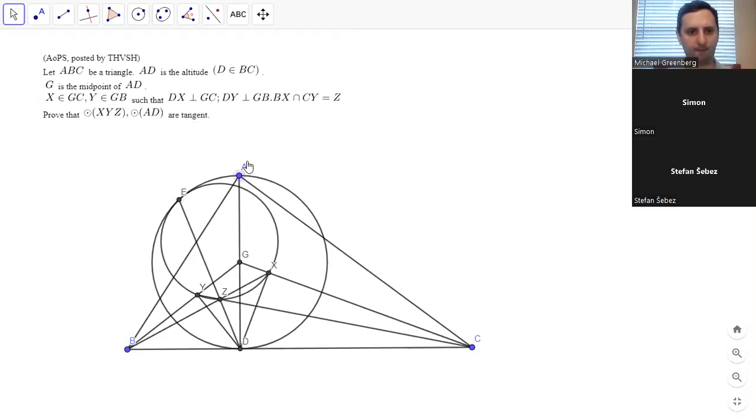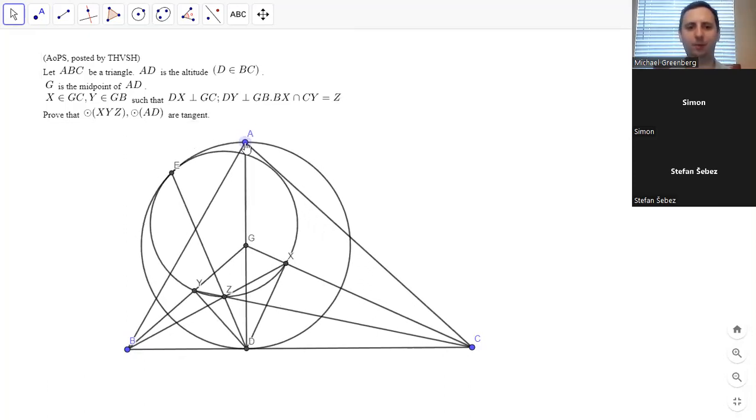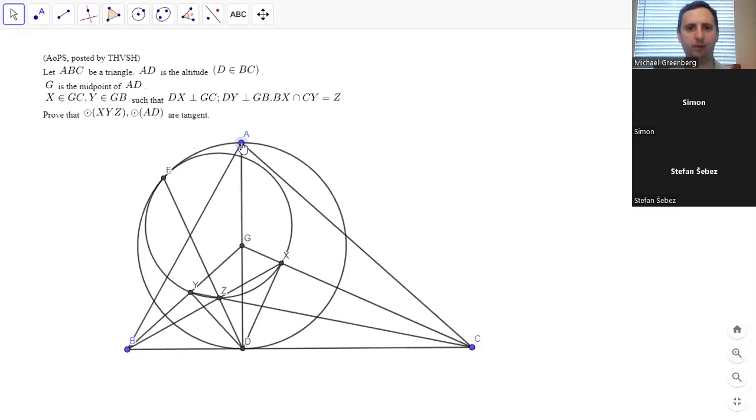Yeah, this looks really similar to another problem we did. I can't remember. I'll have to go look at it after the session, but we used Brocard's theorem. It was a pretty deep solution.